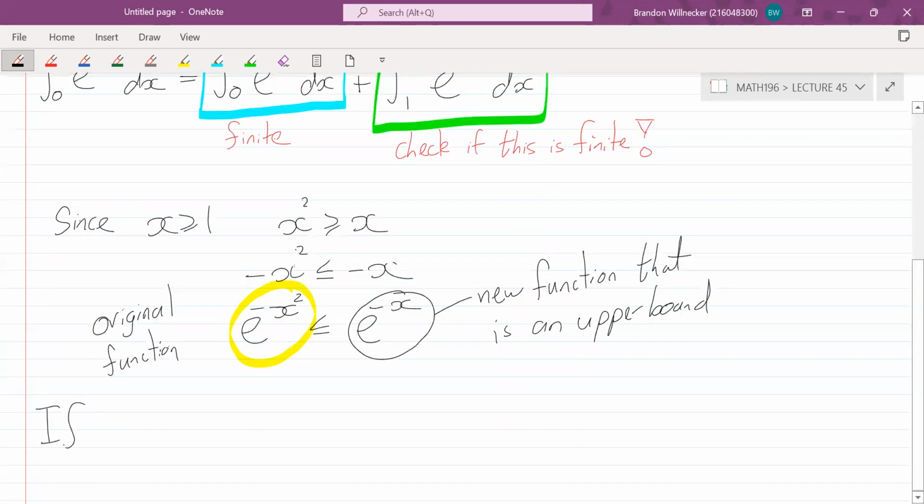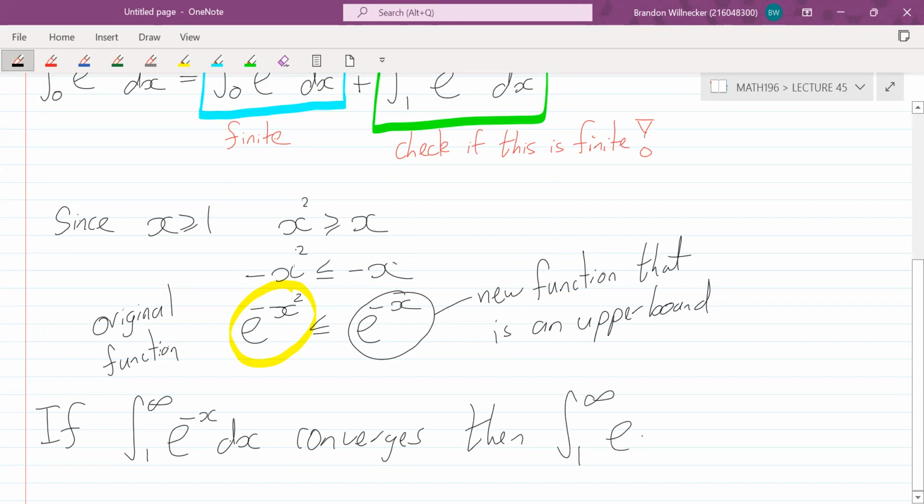So if the integral from 1 to infinity of e to the minus x dx converges, then the integral from 1 to infinity of e to the minus x squared dx also converges.